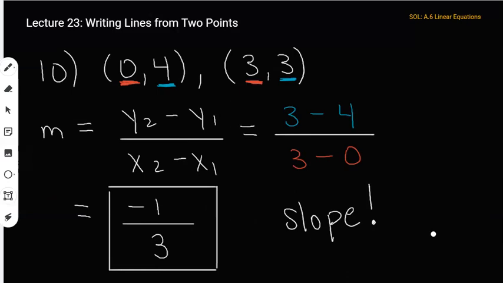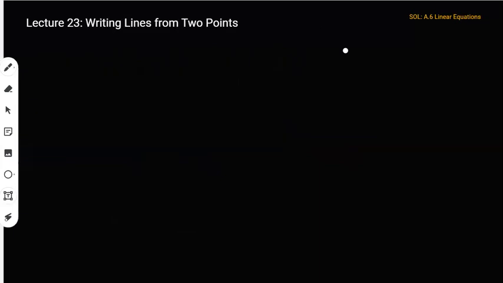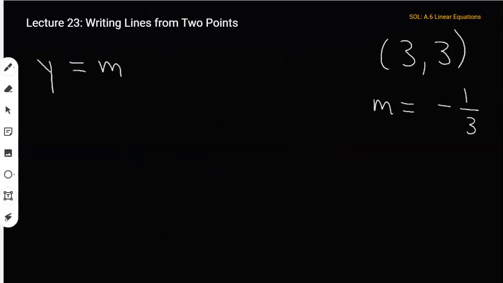Let's see what the y-intercept is going to be. Now, which ordered pair do you want to choose for this one? This one right here? Okay. 3, 3. So we chose 3, 3, and my slope is negative 1/3. So now I'm ready to do y equals mx plus b.